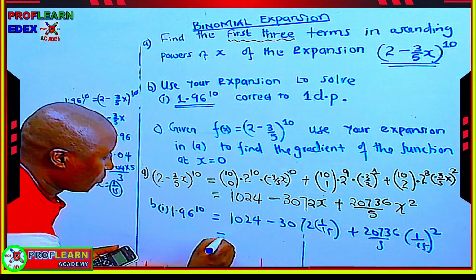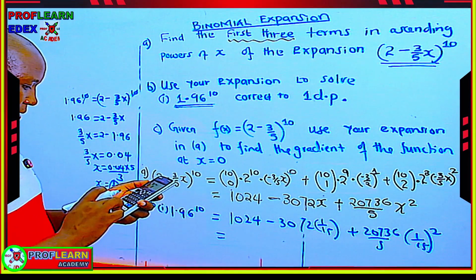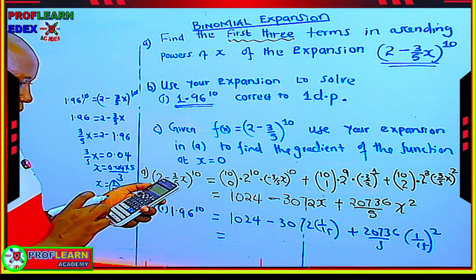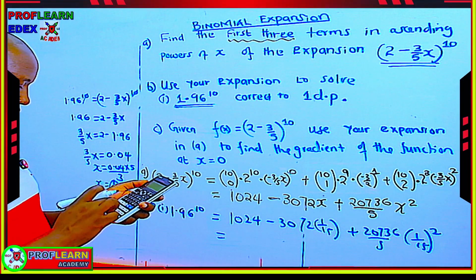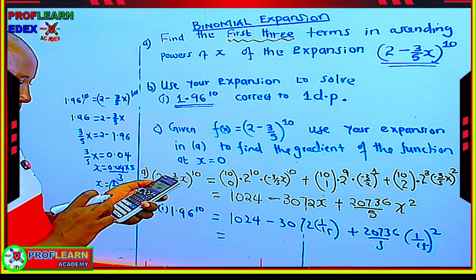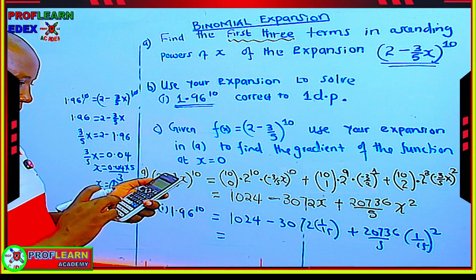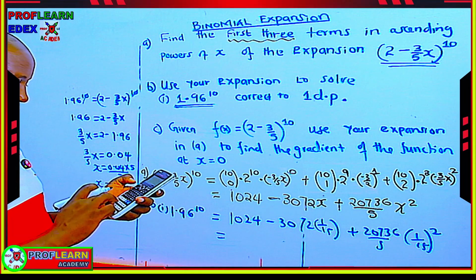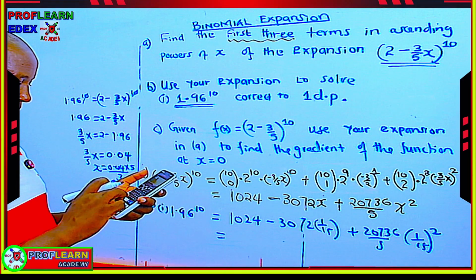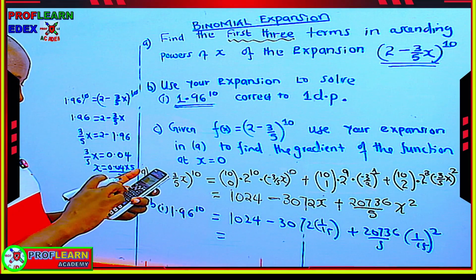So if we put this in our calculator, we are going to get 1024 minus 3072 into 1 over 15 plus 2736 over 5 into bracket 1 over 15 squared.